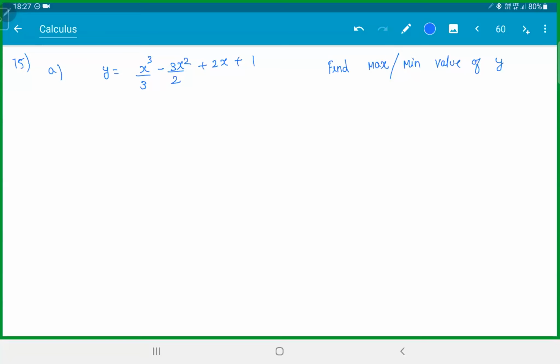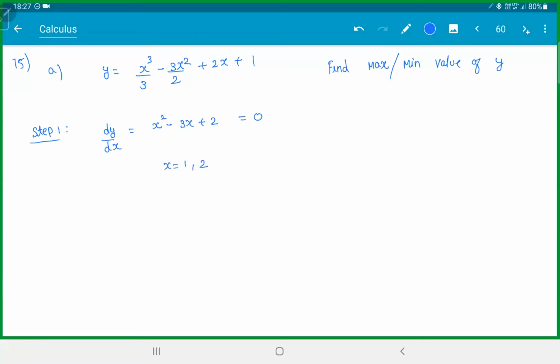Now listen how to do. I'll show you one. Step 1: differentiate. dy by dx should be x square minus 3x plus 2 equal to 0. We get x is equal to 1 or 2.